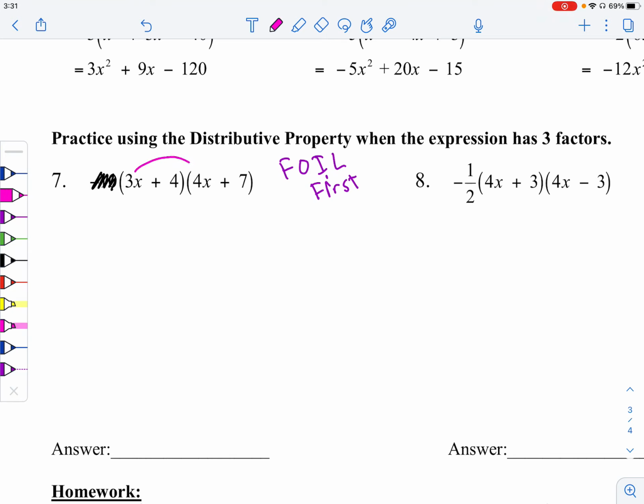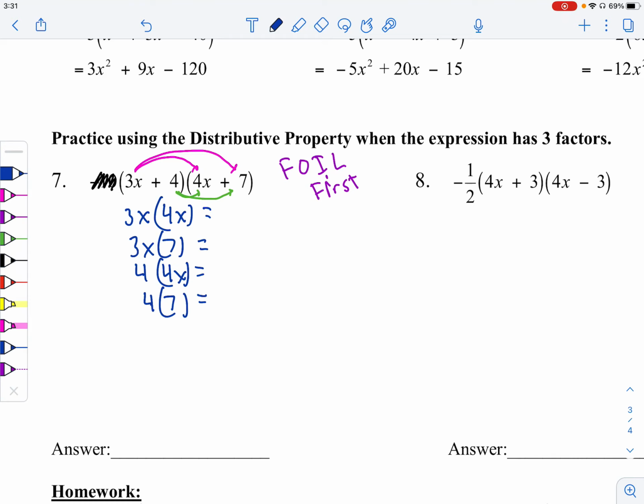And we're just going to FOIL. So first, 3x times 4x. Outer, 3x times 7. Inner, 4 times 4x. Last, 4 times 7.